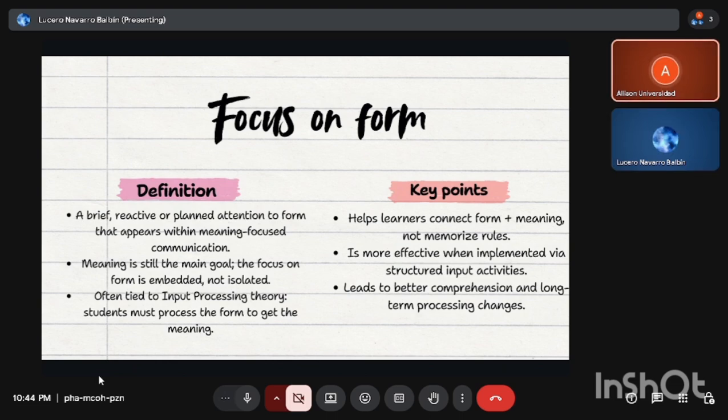The chapter explains that focus on form is more effective when it follows the principles of input processing theory. This means that the activity should require learners to process the grammatical form in order to understand the meaning. That is why structured input activities work so well. Students cannot interpret the sentence correctly unless they themselves notice the form.